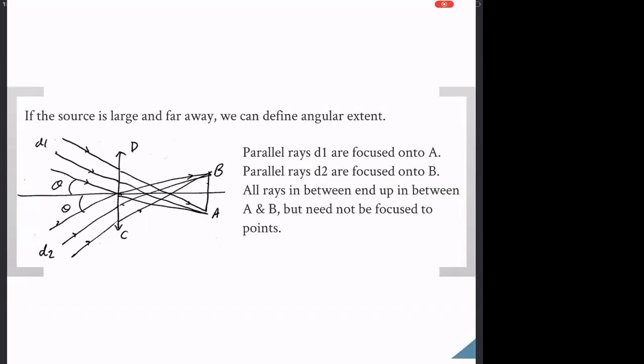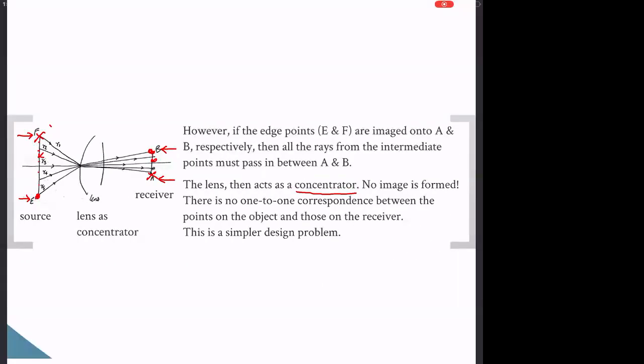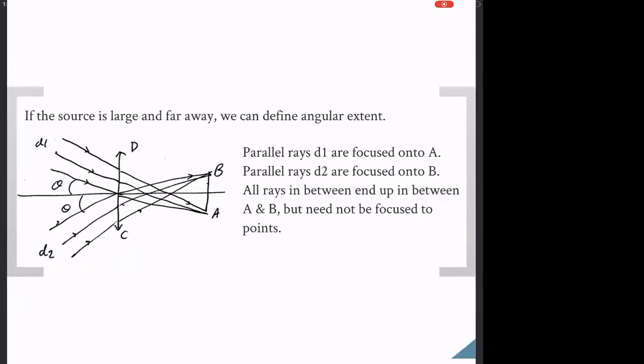Now, let's think about a slightly simpler case where the source is really large and far away, like the sun, okay? So in other words, the source is now infinitely far away from the lens, okay? So instead of having a point, imagine this EF is now really far away. These rays now start becoming parallel to each other, like as shown here. So basically you have a bundle of rays coming at some angle, you have another bundle of rays coming at some other extreme angle, and there are bundles of rays in between, but these are all parallel.